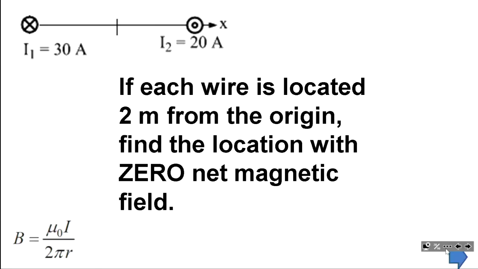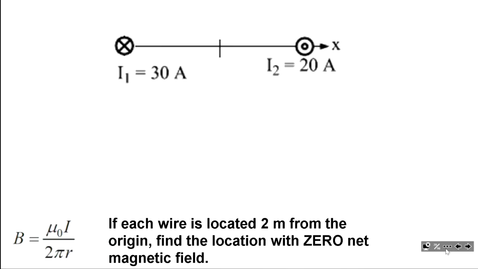So now we need to find the location where the net magnetic field will be zero, which means if we place a wire at that location, it will not experience any force. Of course, we have to start from analyzing the magnetic field from wire 1, then the magnetic field from wire 2, and then figure out where they could cancel each other out.